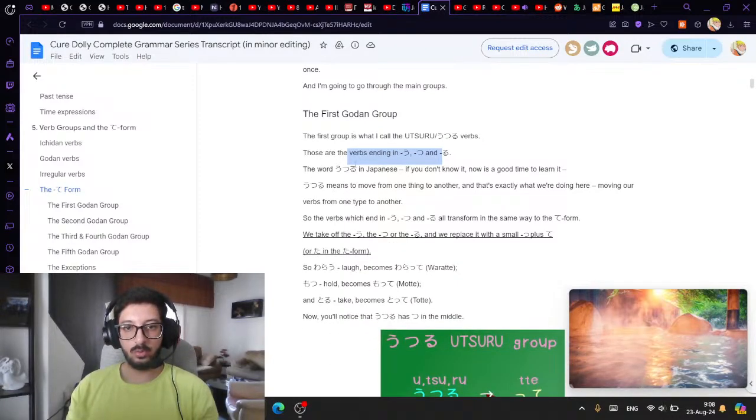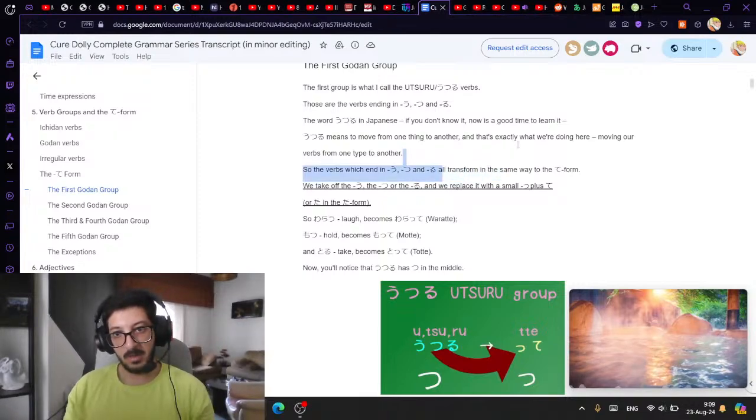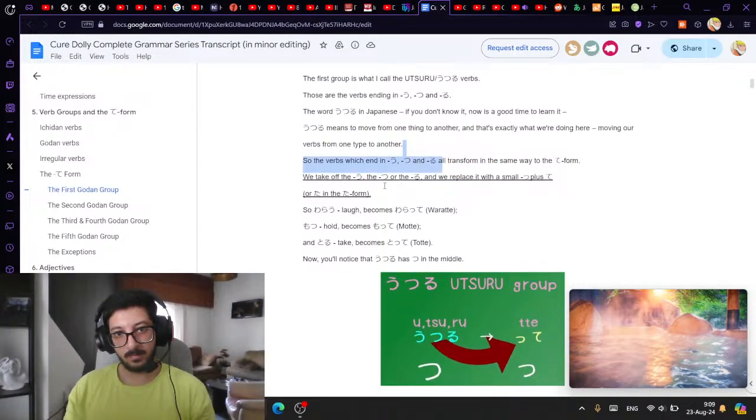The word utsuru in Japanese, if you don't know it, now is a good time to learn it. Utsuru means to move from one thing to another. And that's exactly what we're going to do here, moving our verbs from one type to another. So the verbs that end in u, tsu, ru all transform in the same way to the te form.